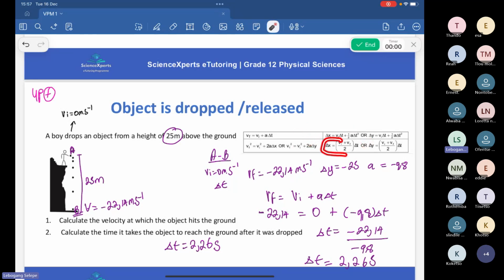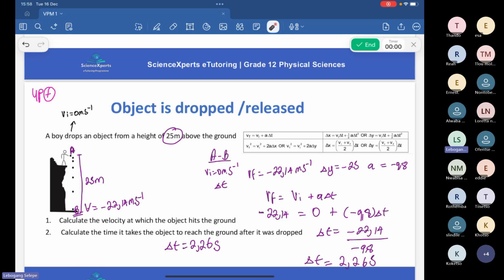especially this one. You see this one? You can even scrape it out now because it usually gives different answers. I never used this formula, and you might also never have used it before. Just be aware that sometimes it does give different answers.